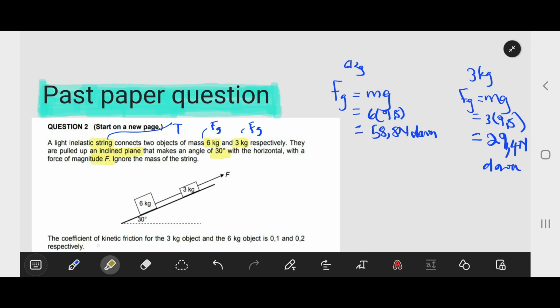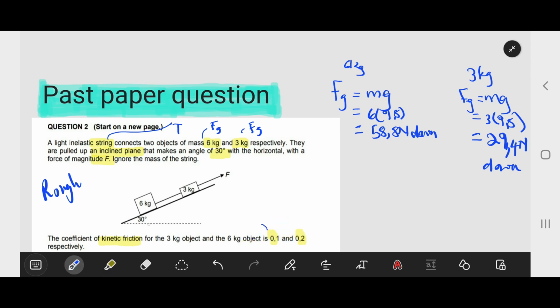So they say the coefficient of kinetic friction. The fact that they're saying there is kinetic friction, right? Kinetic means the objects are moving, and there is friction, then it means the surface is rough. So we have a rough surface. So the coefficient of kinetic friction for the 3 kg object and the 6 kg object is 0.1 and 0.2 respectively.